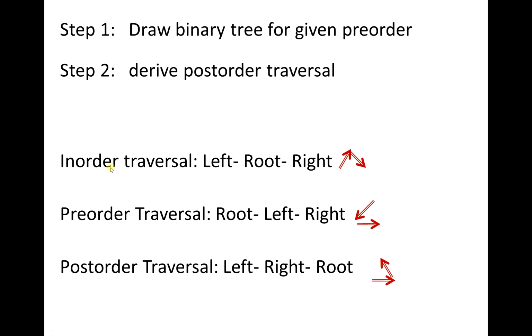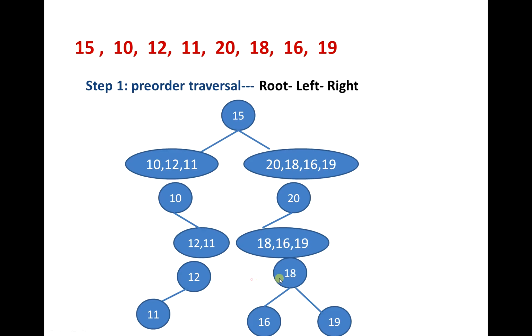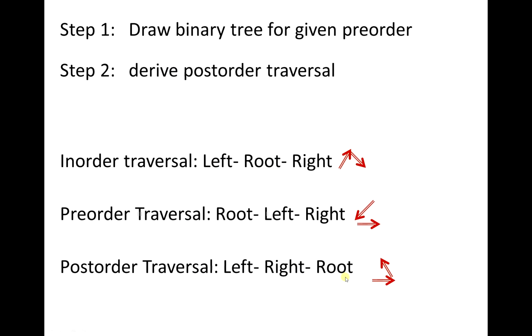Please make sure you know these well, because we make mistakes only in these things. In-order is left, root, right. Pre-order is root, left, right. Post-order is left, right, root. These things should be memorized like a formula.